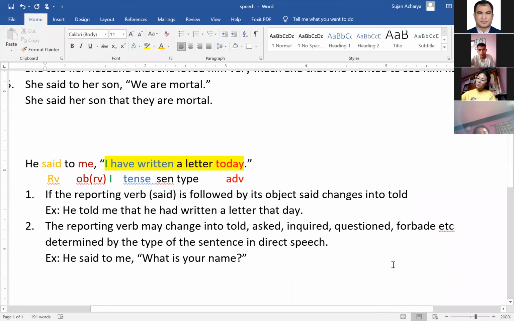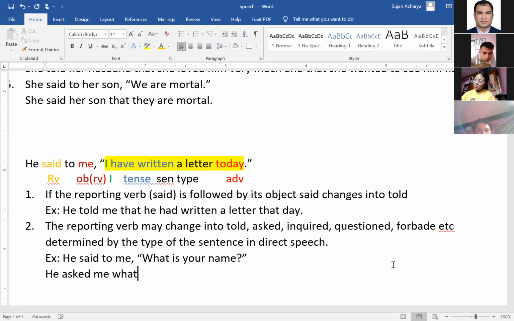Now this said may not always change into told, but as we have said, it is determined by the kind of the sentence in direct speech, because the sentence in direct speech is an interrogative, question sentence. So it changes into something like this: He asked me what my name was.